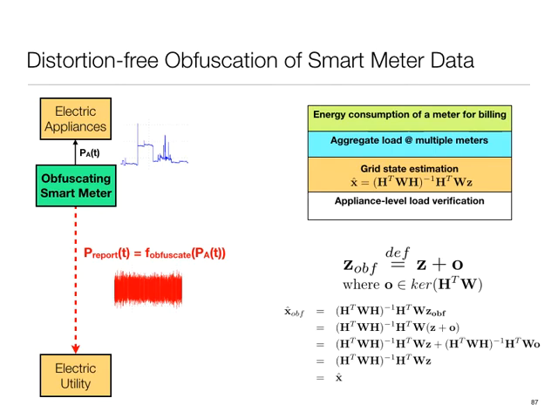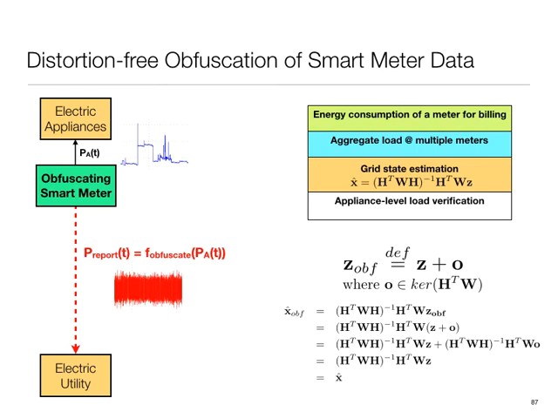There are a lot of different approaches, but just to show how one can be smart about adding the obfuscation: I have a z from the smart meters, a vector of values, and I'm going to add some noise to it. That's the O, the obfuscation, and so I have this new value z of obfuscation.